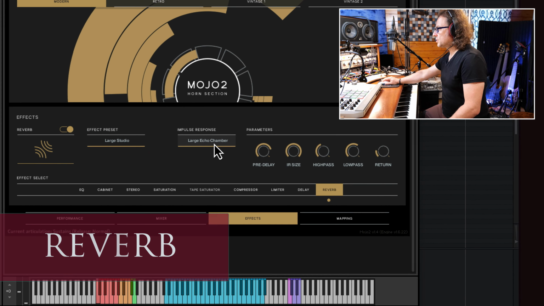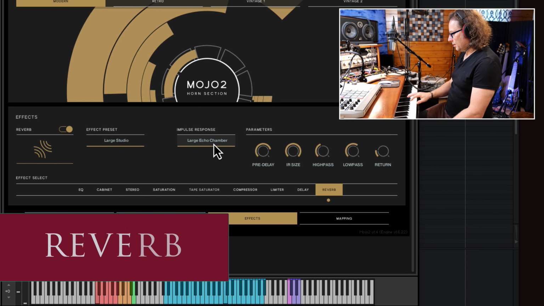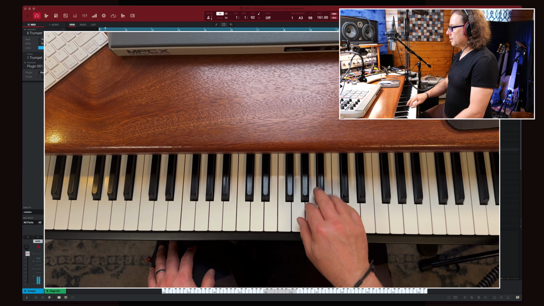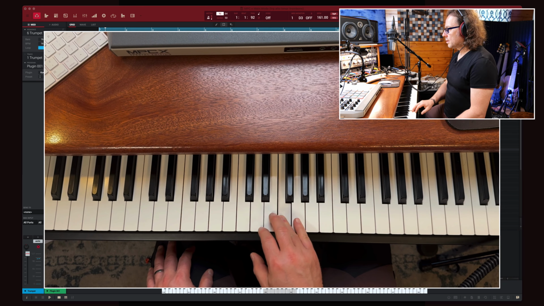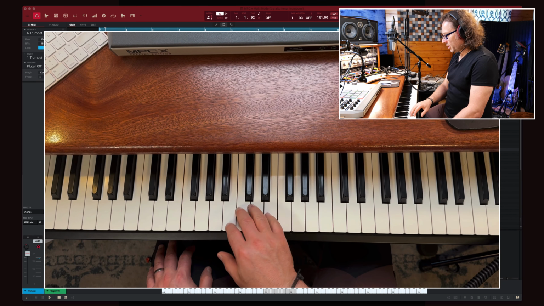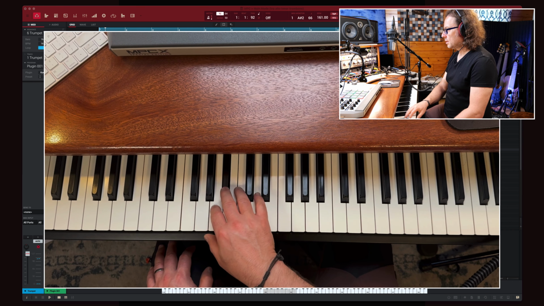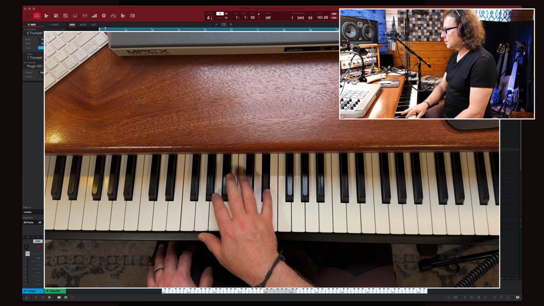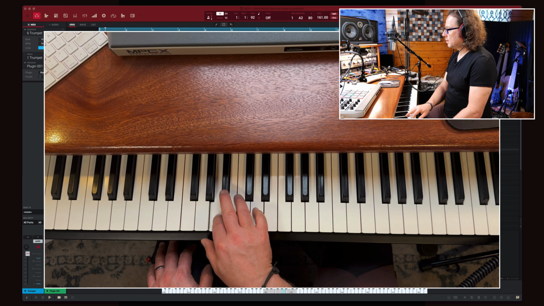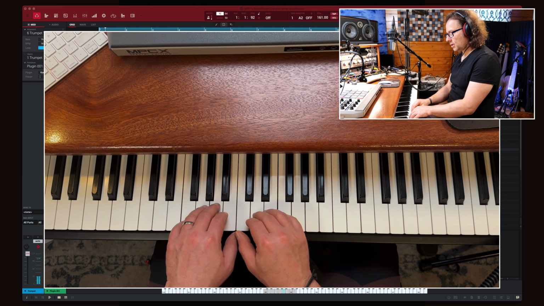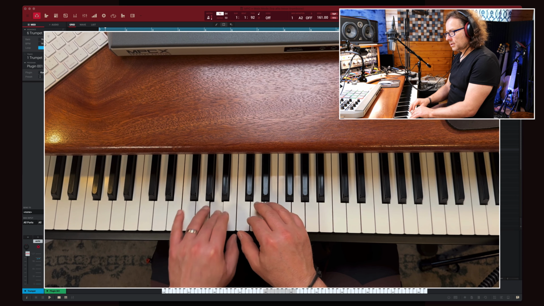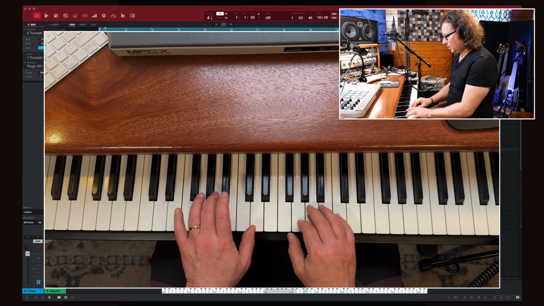So we chose a large studio with echo. If I go below the C, you see the lower note could give me a lot of trouble.